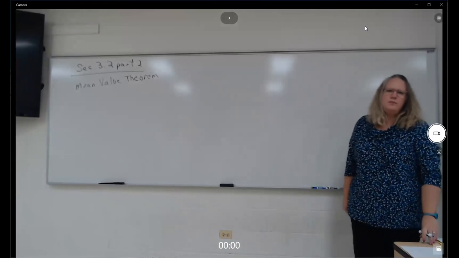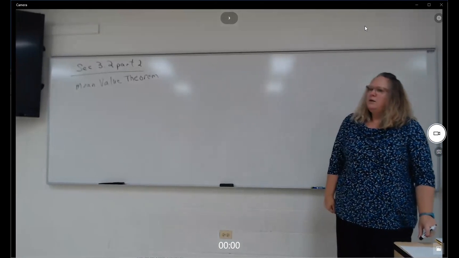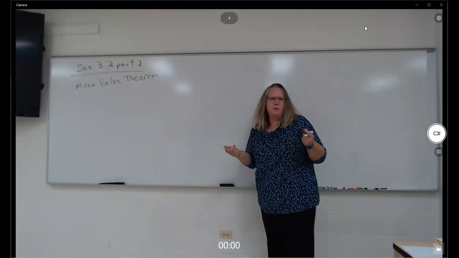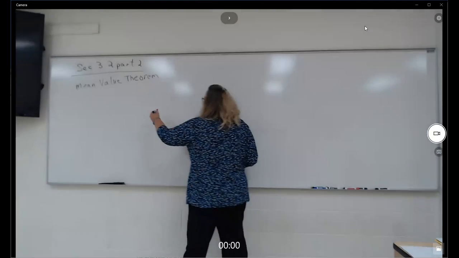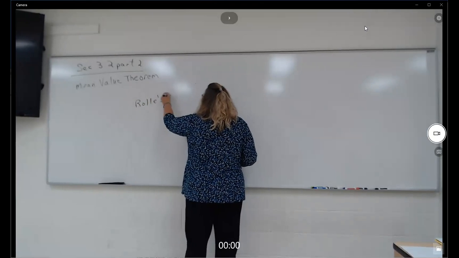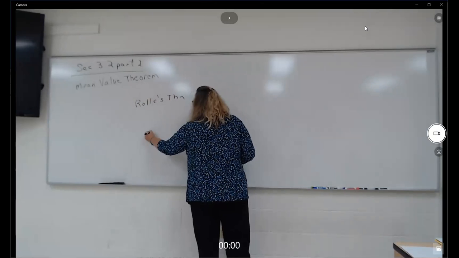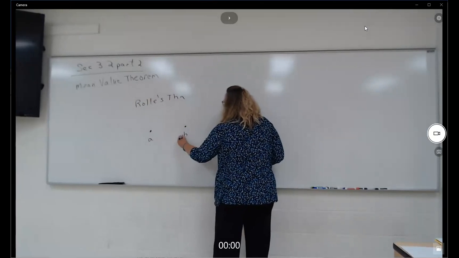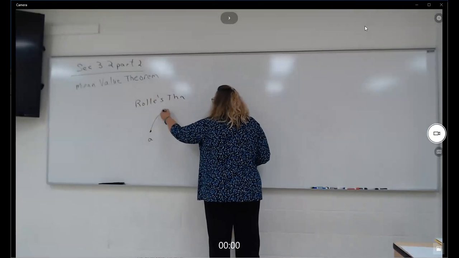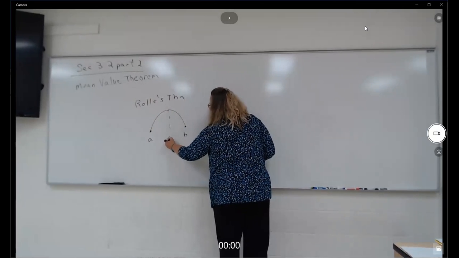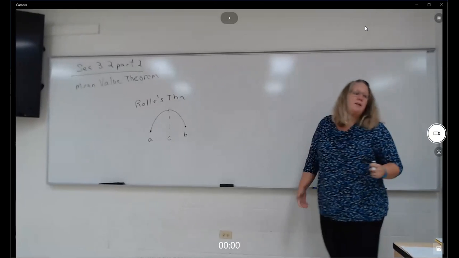All right, so let's look at Rolle's theorem. The reason this is together is because they're related. Okay, so let's just look at Rolle's real quick. Rolle's theorem said what? If A and B are the same height, then there has to be at least one C value that is a max or min.